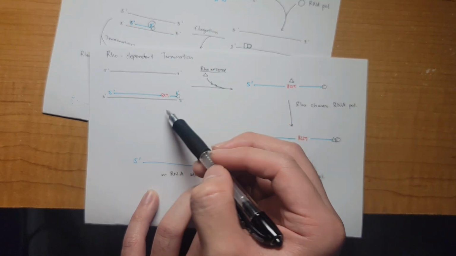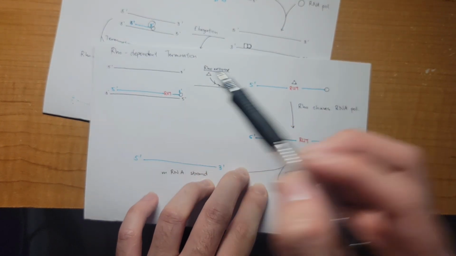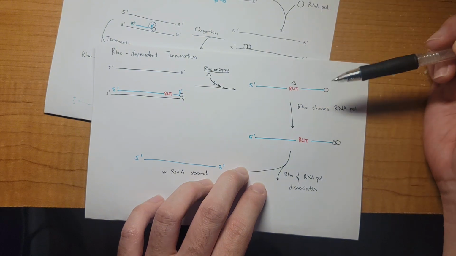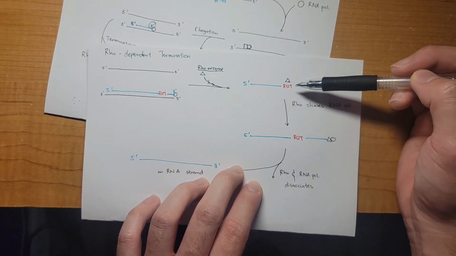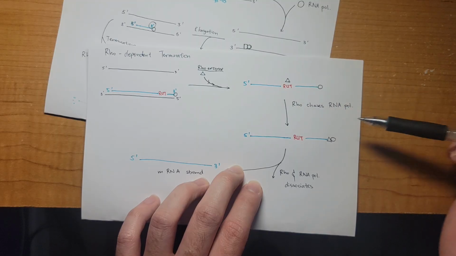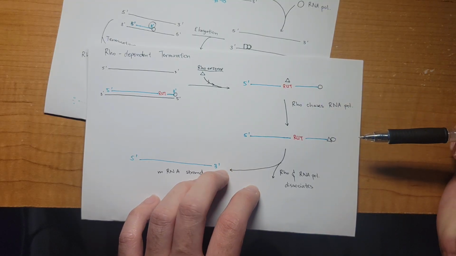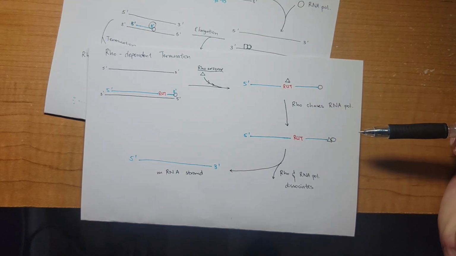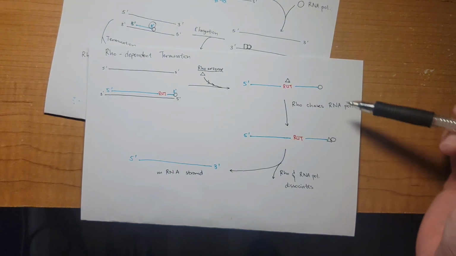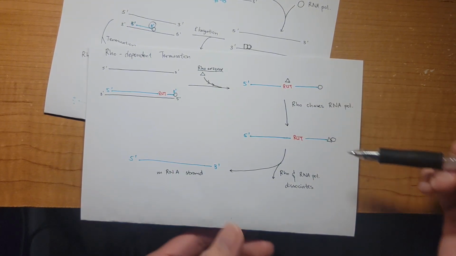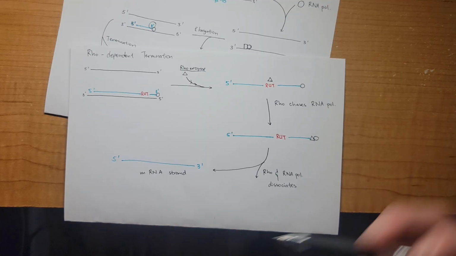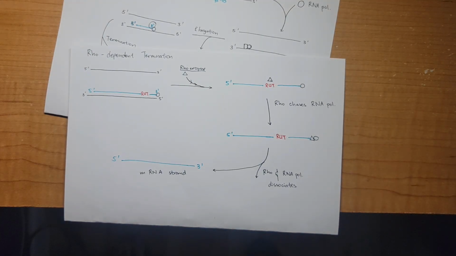First, the rut sequence is transcribed, and then the rho enzyme comes in and binds to it. Then the rho enzyme chases from the rut sequence to wherever RNA polymerase is elongating. Once rho catches RNA polymerase, it tells RNA polymerase to stop elongation.